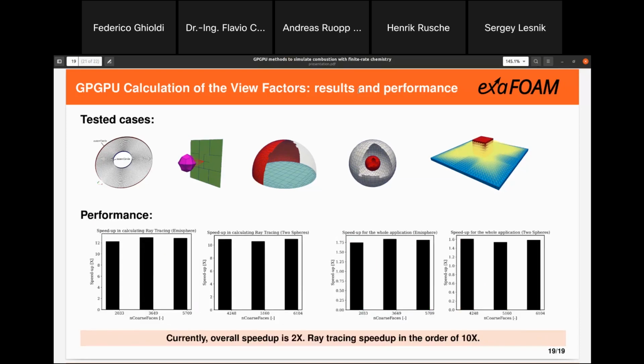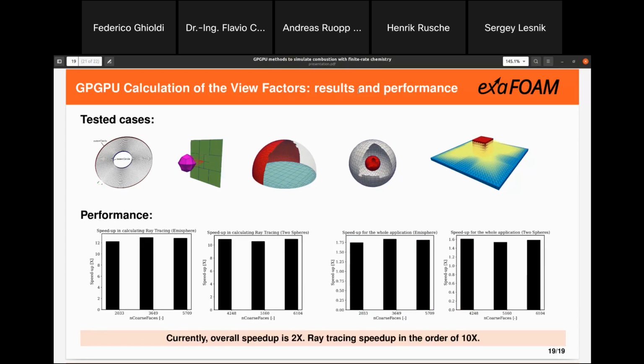In terms of performance, the sole ray tracing application is 12 times faster than the same operation performed on the CPU. The issue in the current state is that you need to manipulate the data before the actual transfer from the CPU to the GPU.